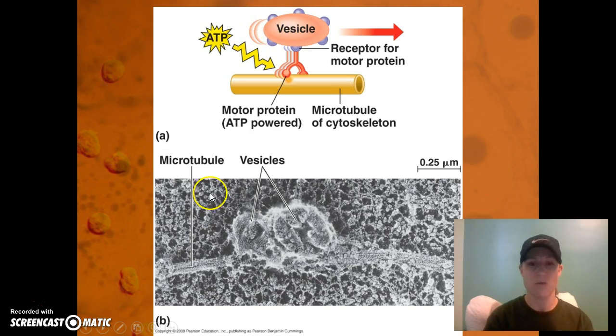And it moves those vesicles down the microtubule, in order to get to the axon to be submitted across the synapse. So what you need to know is that microtubules provide that framework for vesicles, not motor neurons, motor proteins, to travel on, to carry organelles around.